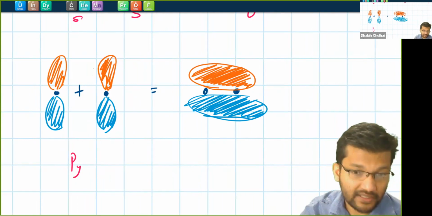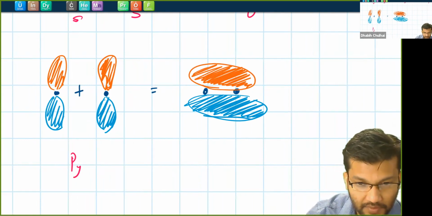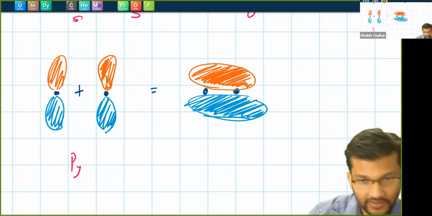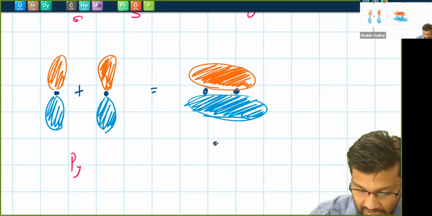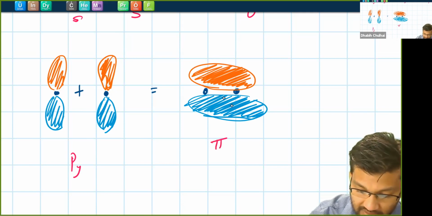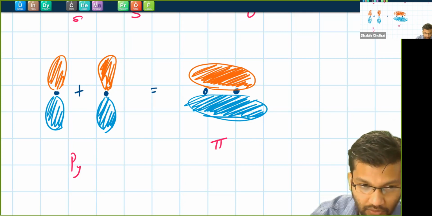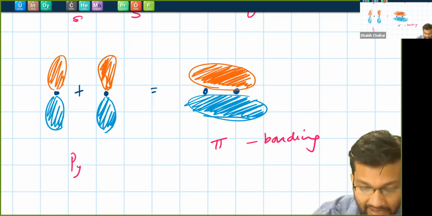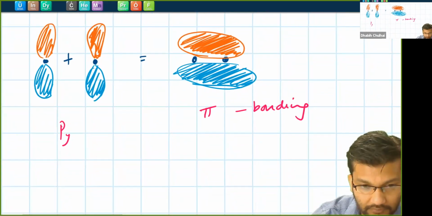So two p orbitals come together to form a molecular orbital. We need to give this molecular orbital a symbol. What's the Greek symbol for p? It's pi. So we call this a pi orbital. And because the electrons here seem to hold the two atoms together, we'll call this bonding. So that's a pi bonding orbital.